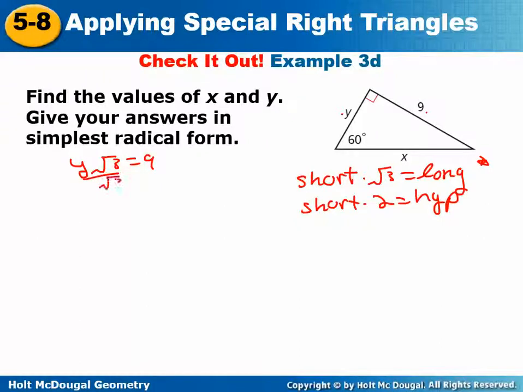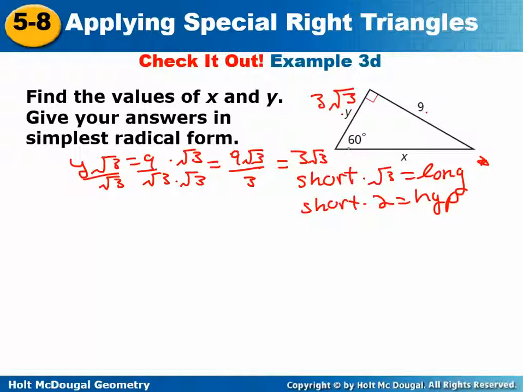So I'm going to divide by the square root of 3, and then I have to rationalize my denominator, which means multiply top and bottom by the square root of 3. 9 square root of 3 divided by 3. 9 divided by 3 is 3. 3 square root of 3 is my short leg.